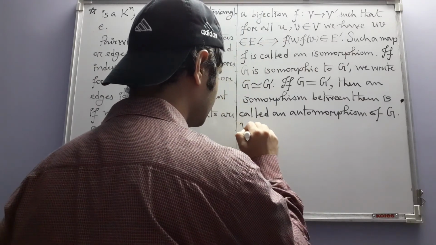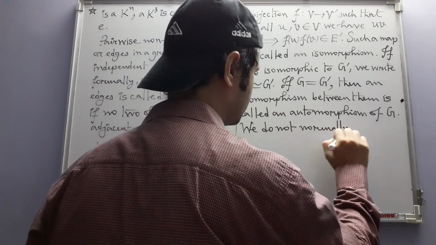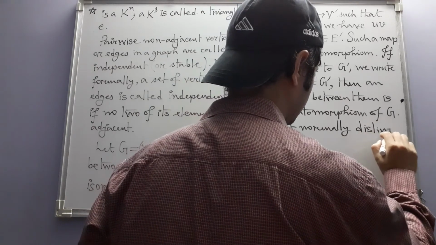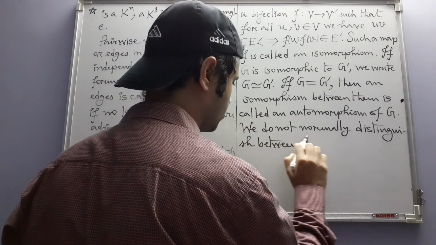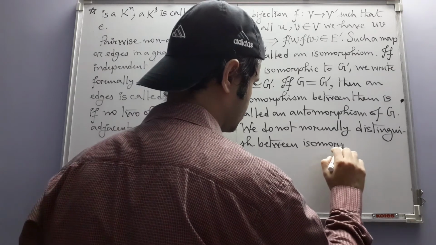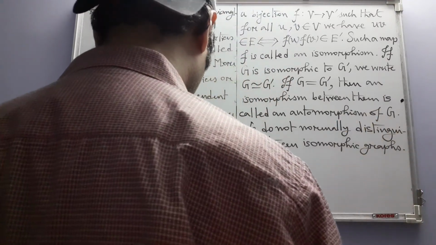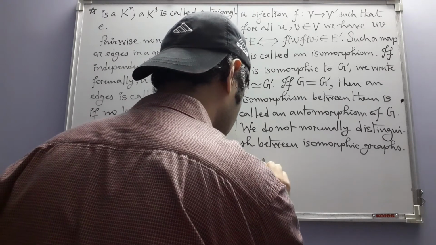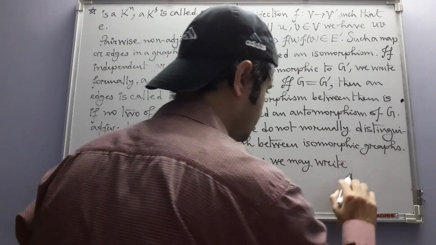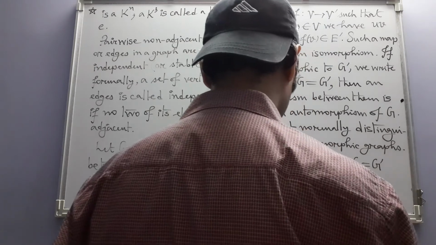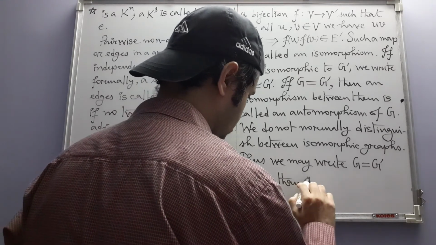We do not normally distinguish between isomorphic graphs, thus we may write G equal to G prime rather than this.